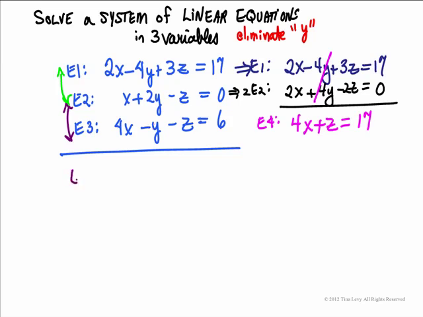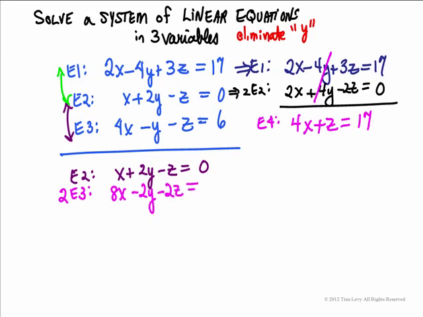That means we keep equation 2, which is x plus 2y minus z is 0. Now I multiply equation 3 by 2. So 2 times 4x is 8x, 2 times negative y is negative 2y, 2 times negative z is negative 2z, 2 times 6 is 12.